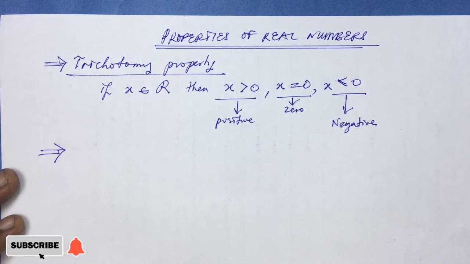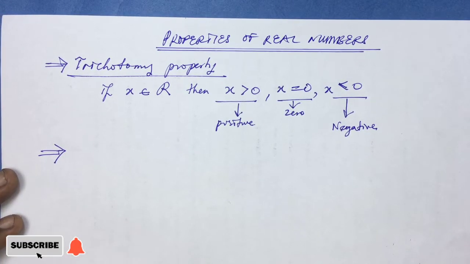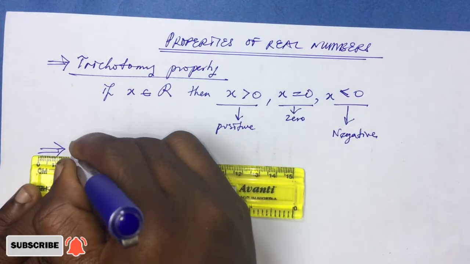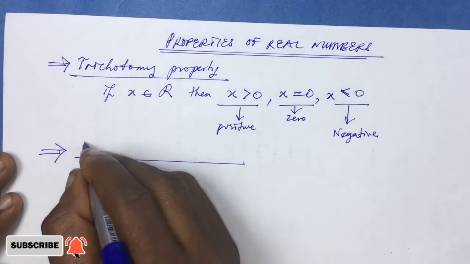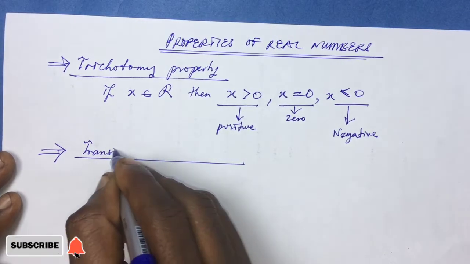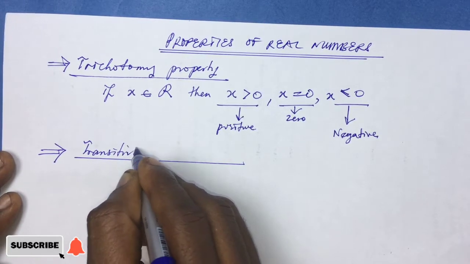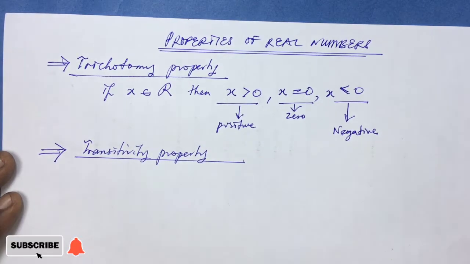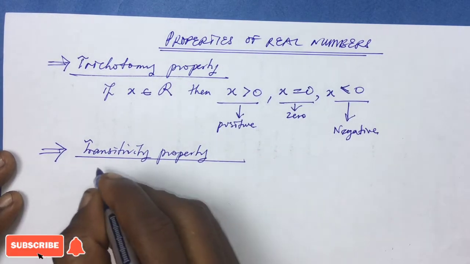Now, that brings me to the second property. The second property is called the transitivity property. Now, what does the transitivity property say?